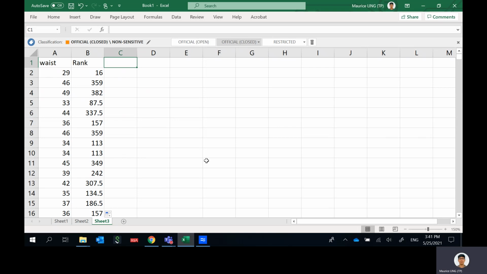So in column C, you put percentile. Percentile is basically equal to open bracket B2, you minus off the 0.5 first, then divide by the count.